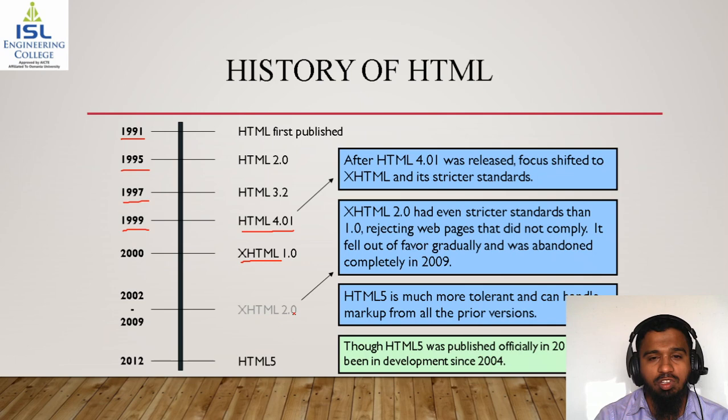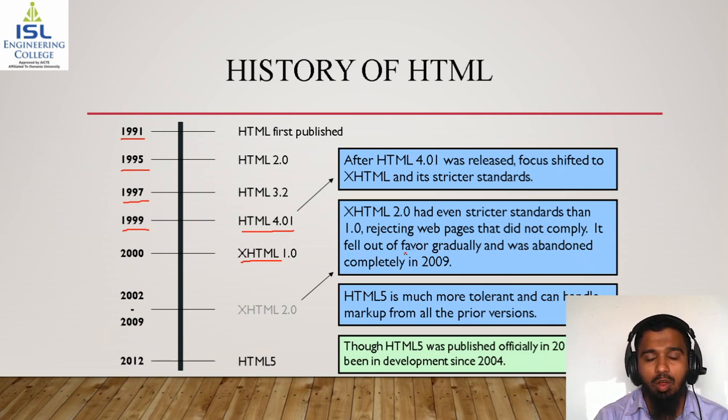From 2002 to 2009, XHTML 2.0 was developed. After HTML 4.0 was released, focus shifted to XHTML and its stricter standard. XHTML 2.0 had an even stricter standard, rejecting web pages that were not complete.